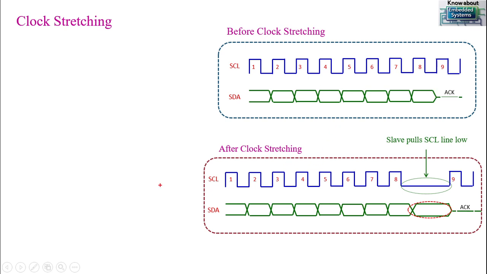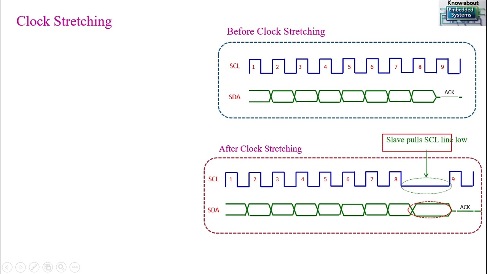But let us assume the slave is operating at low speed. In that situation, up to 8 bits it will receive or transmit data, but in the ninth bit it's supposed to give an acknowledgement. So before going to the ninth bit, the clock will be pulled low.